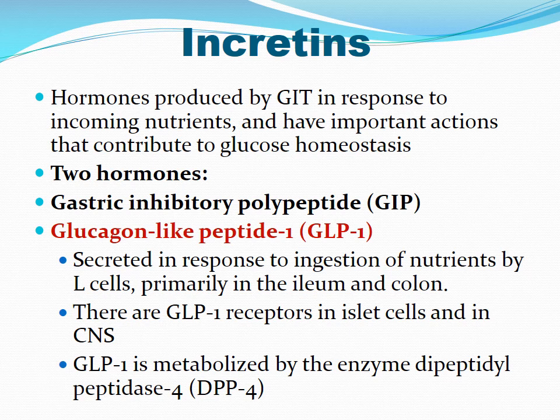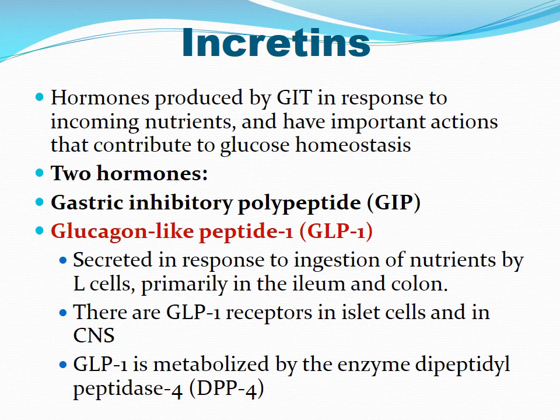Two hormones are involved: gastric inhibitory polypeptide and glucagon-like peptide 1. Glucagon-like peptide 1 is secreted in response to the ingestion of nutrients by L cells in the gastrointestinal tract, primarily in the ileum and colon.